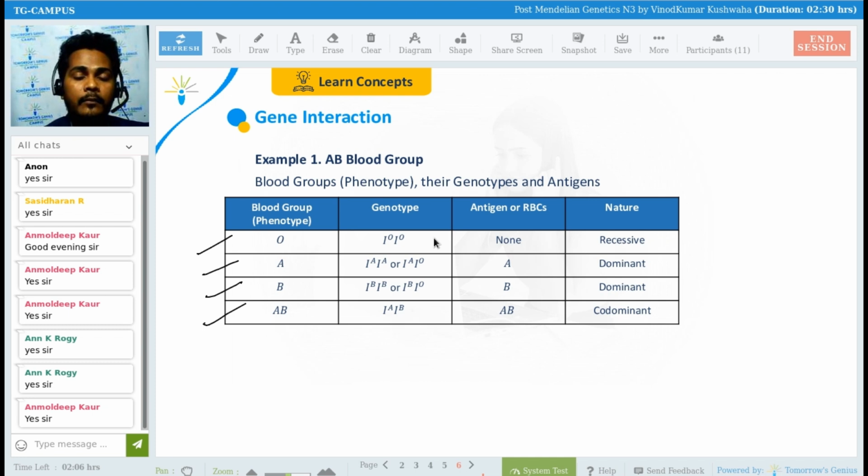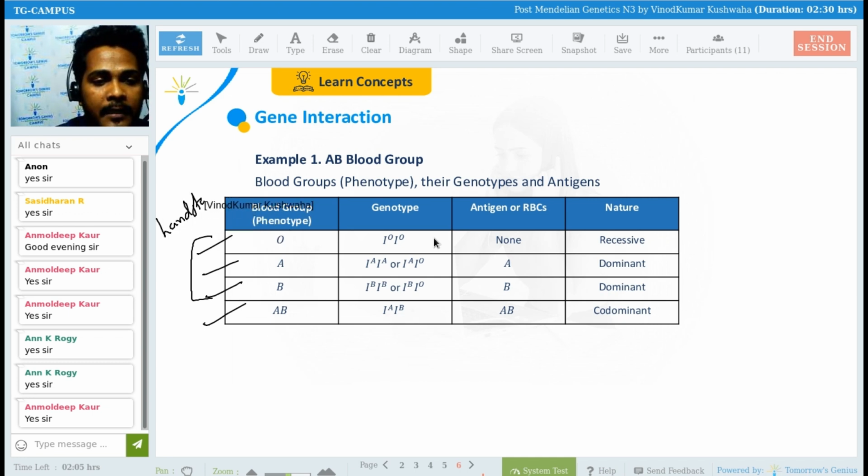Now, these blood groups A, B and O were discovered by Landsteiner in the year 1900.